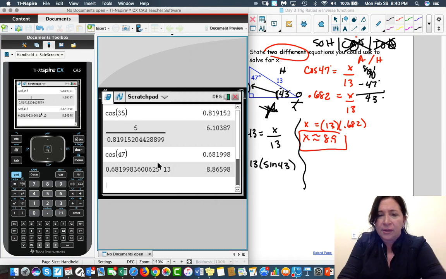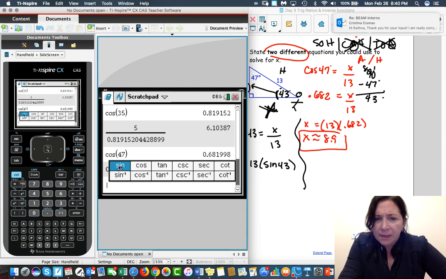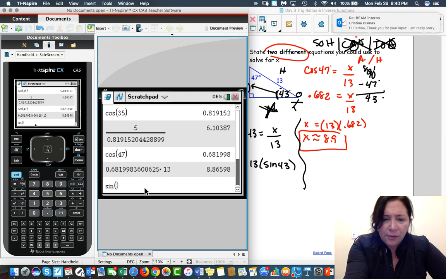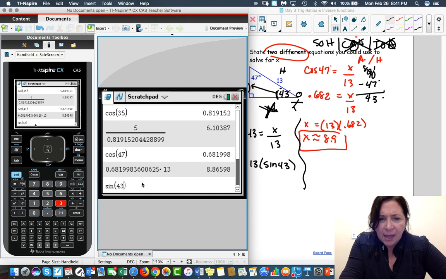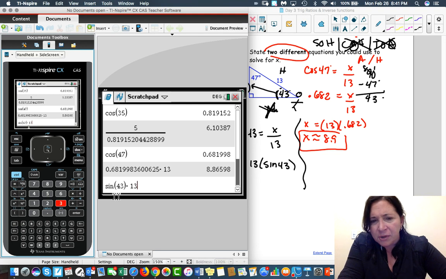So on my calculator, I'm going to click on sine and I get sine of 43. And I can actually just type this all in one time and say that times 13. But because I'm not using a decimal here, I need to approximate my answer. Let me show you what I would get if I didn't approximate.